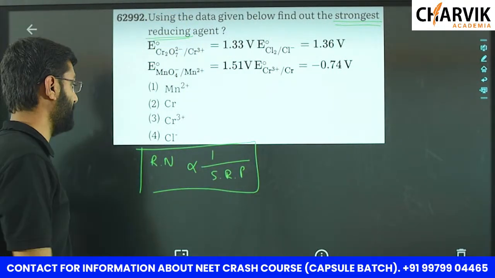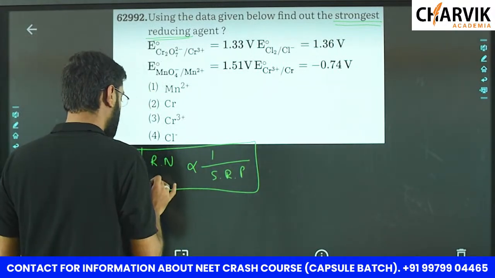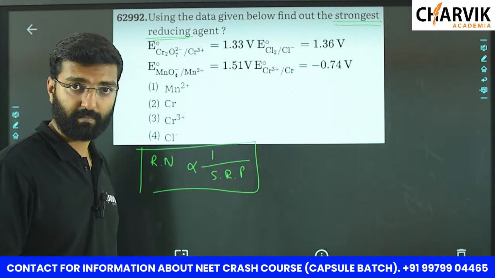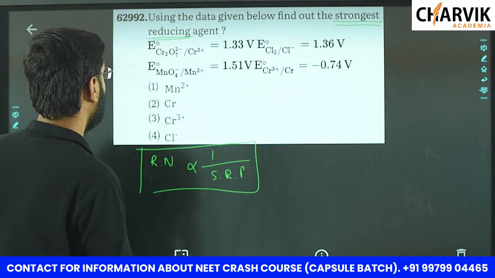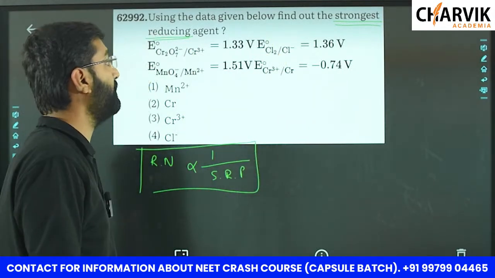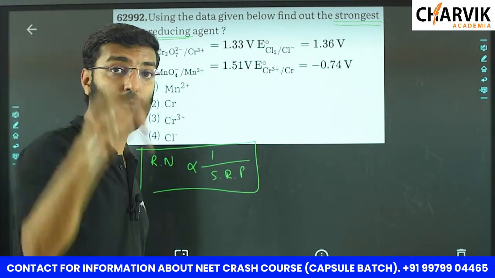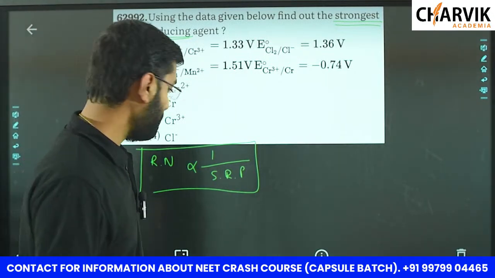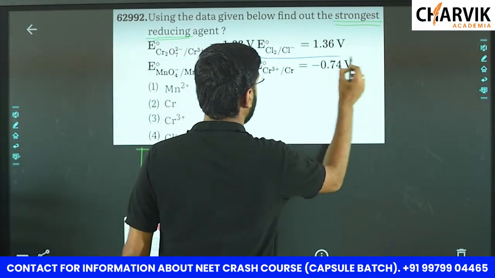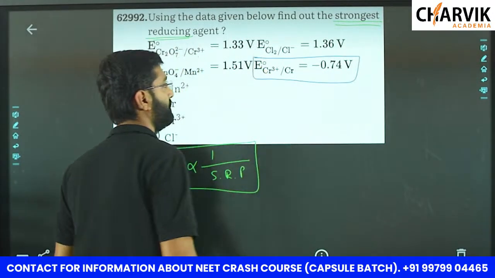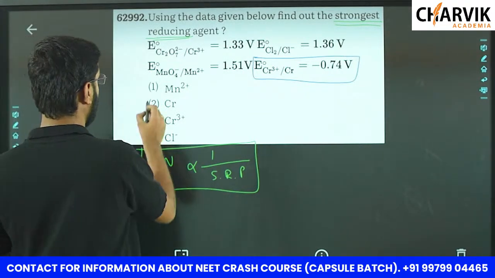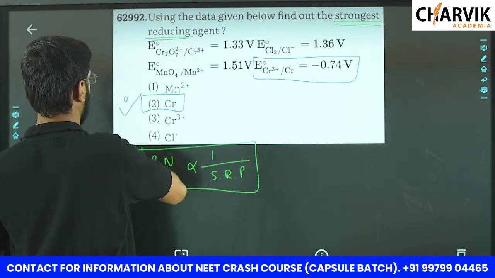So for strongest reducing agent, SRP must be minimum. Then see the 4 cases and tell me which one has lowest SRP. Answer is very simple, chromium. So your correct option is second, chromium.